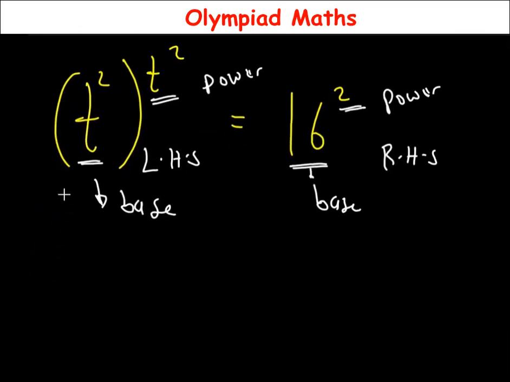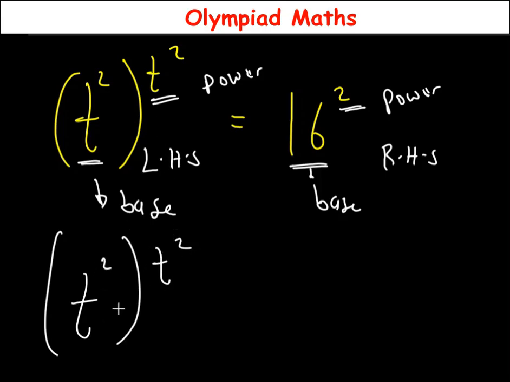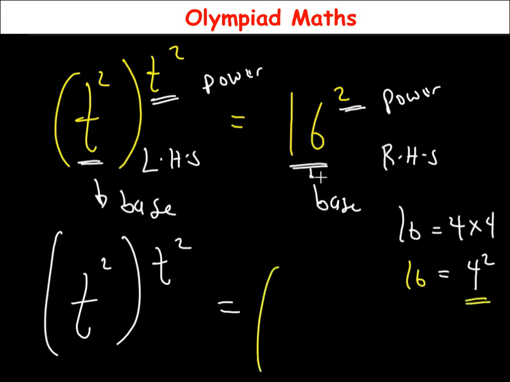So we have, in brackets, t raised to power 2, all raised to power t raised to power 2, on the left hand side, is equal to, now 16 is equal to 4 times 4. And 4 times 4 is equal to 4 squared. So in place of 16, we can bring in 4 squared. So that will become, in brackets, 16 becomes 4 squared, then all raised to power 2.